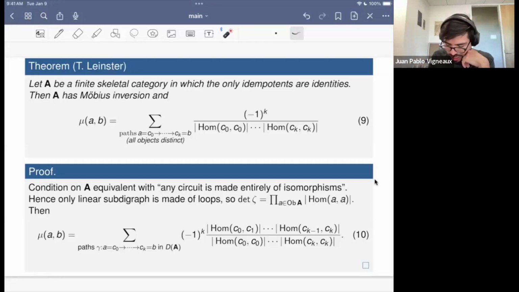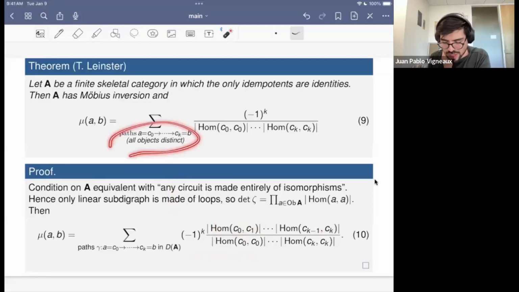So that here, this is measuring a multiplicity. It's how many different paths passing through these objects you could have in the category. So this represents the choice of arrow between C0 and C1. This is the choice of arrow between C(k-1) and Ck. So when you transport this description to a description on the category, that is when you get Leinster's formula.